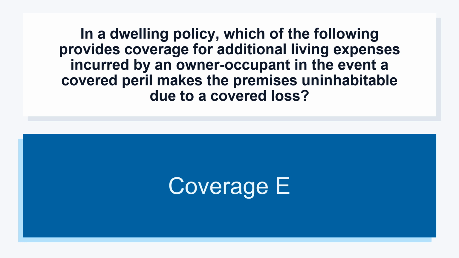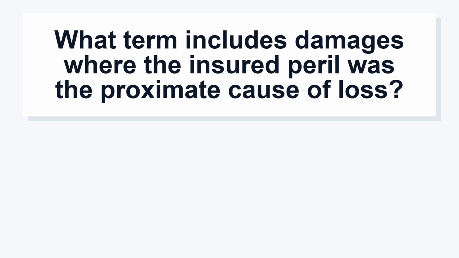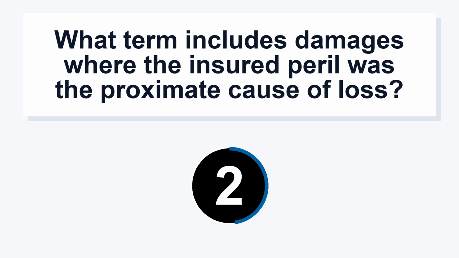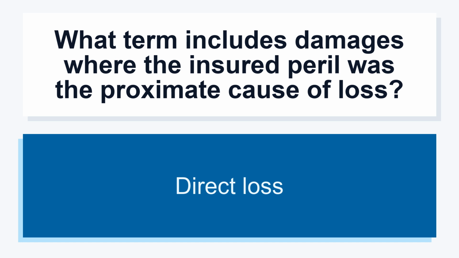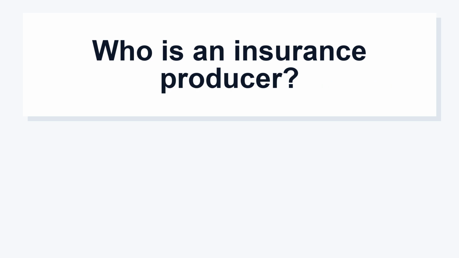Coverage E. What term includes damages where the insured peril was the proximate cause of loss? Direct loss. Who is an insurance producer?